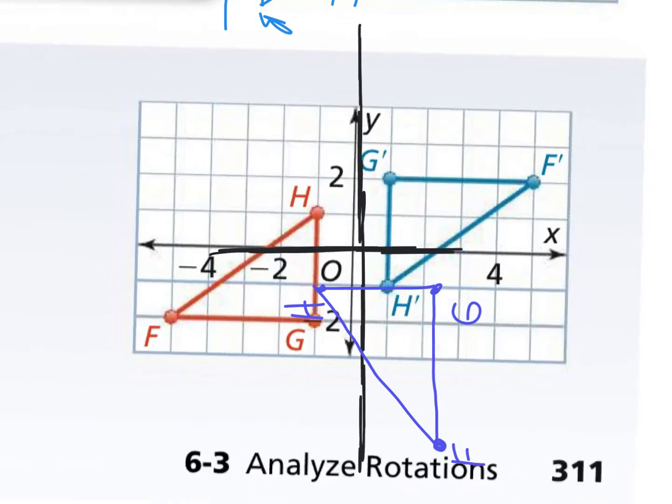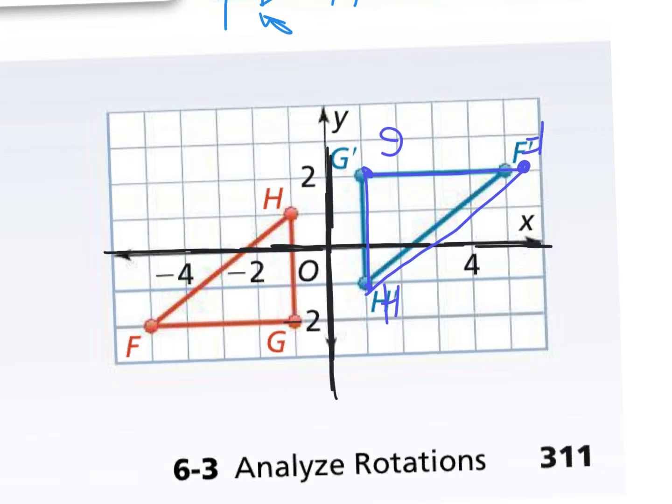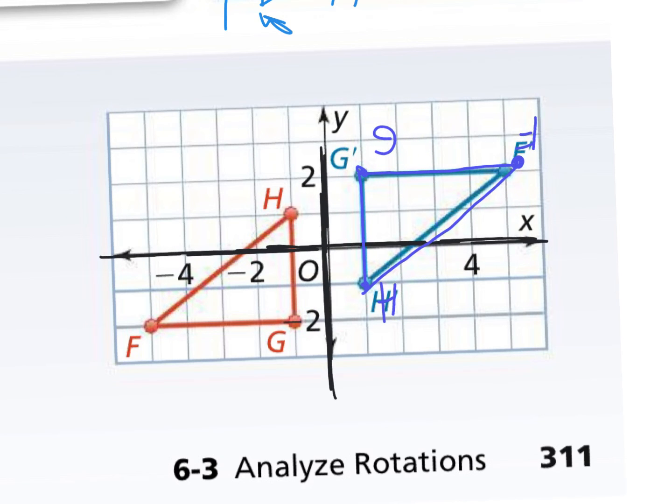So that would be 90 degrees, and that would be 180 degrees. And I'm off a little bit just because I didn't have it locked to begin with, but you can see that would be what we want. So that would be 180 degrees.